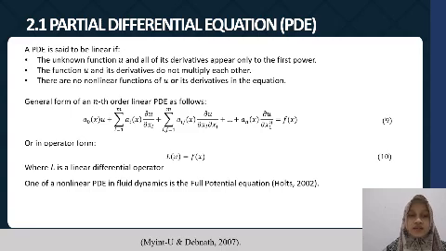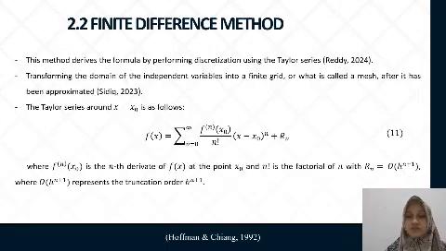The general form of a linear PDE is as follows: 9 equations, or in operator form we can see in equation 10, where L is a linear differential operator. One of the nonlinear PDEs in fluid dynamics is the full potential equation.